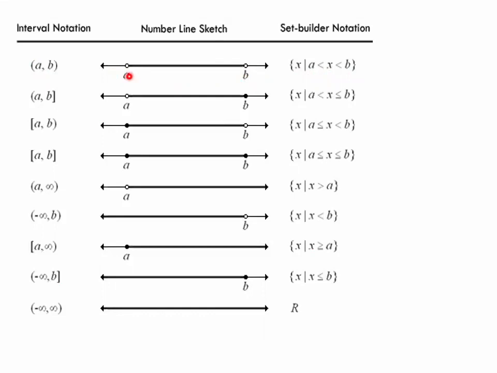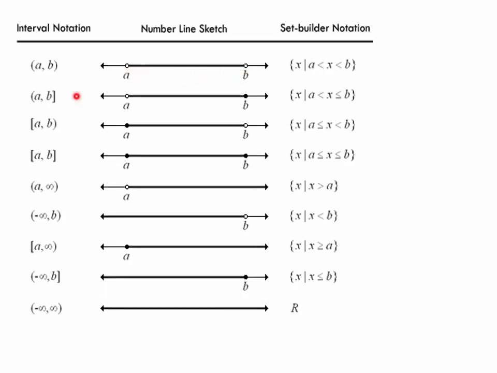So you graph them to denote that a and b are not inside the set. You have a hollow circle or an unshaded circle at a and b, but you have this shaded part of the line between a and b.